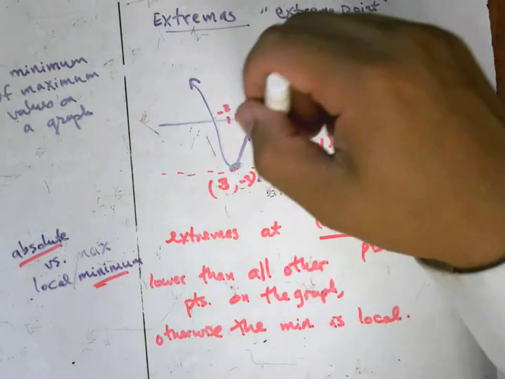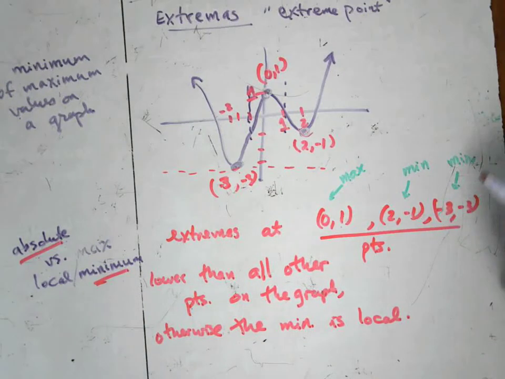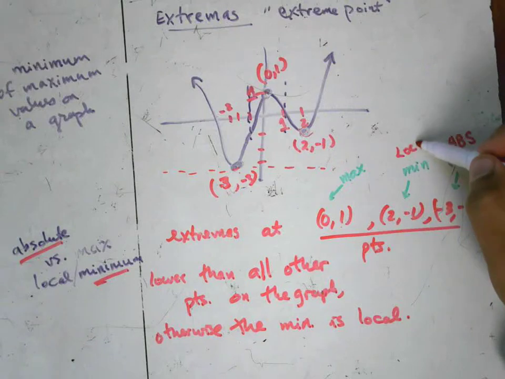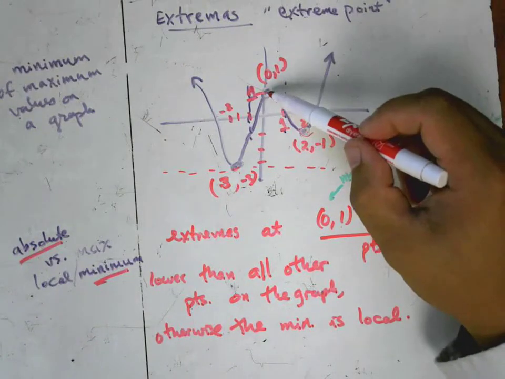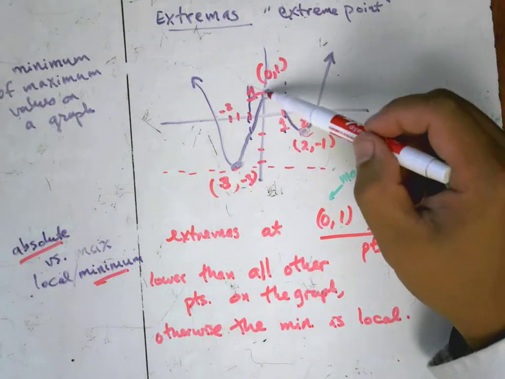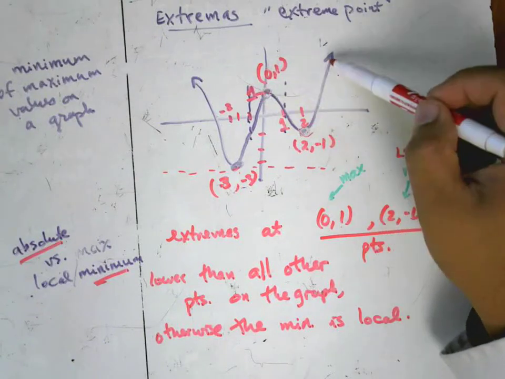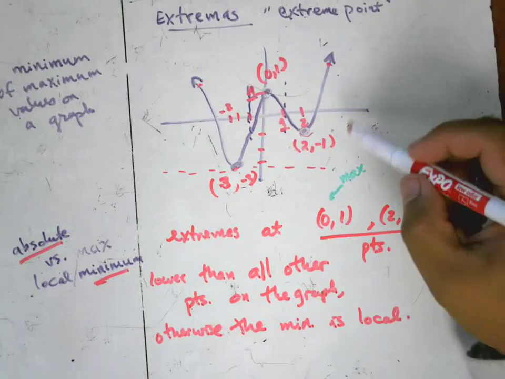So (-3, -3) is an absolute minimum. For (2, -1), this is only a local minimum. And at (0, 1), let's see, is it the highest point that we can reach? Well, it's the highest in this area, but out here there's a point higher than that. Over here there's a point higher than that. So this here is only a local maximum.